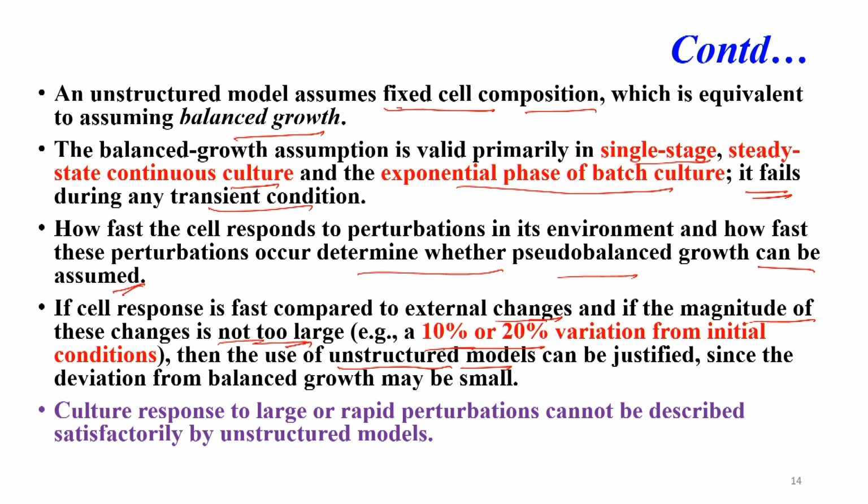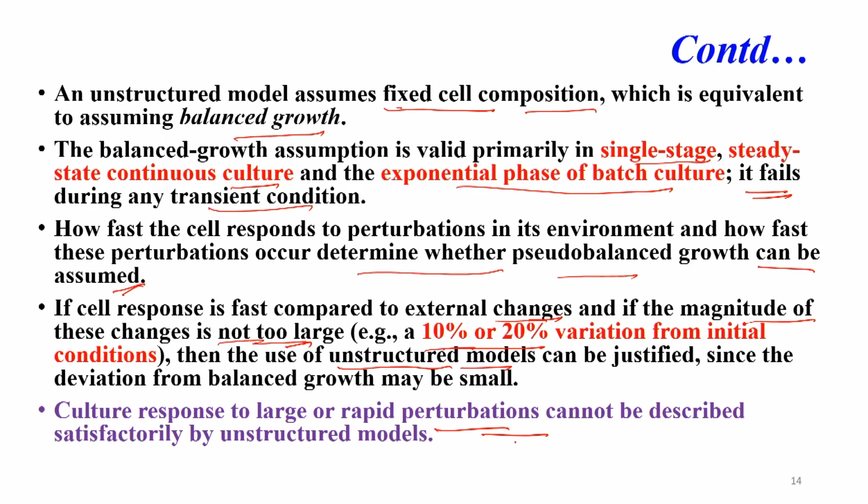So, it says it is obvious that there will be environmental variations and it is difficult to assume this steady state condition, but still if you see the change in the variation is not too large, one can apply unstructured models. And when these perturbations are large, they cannot be described satisfactorily by unstructured models.